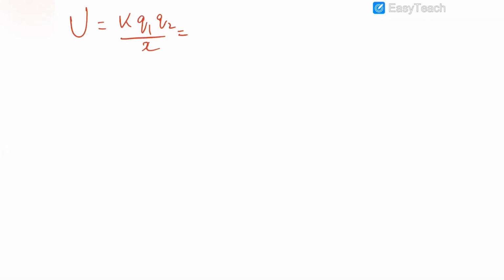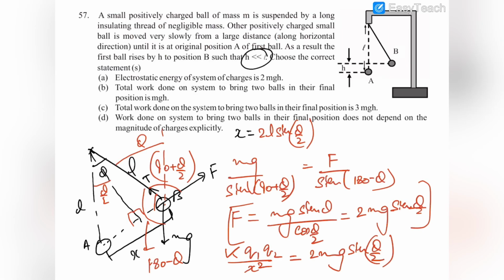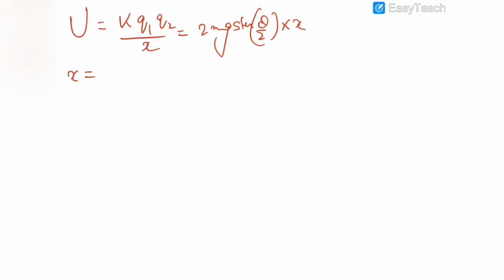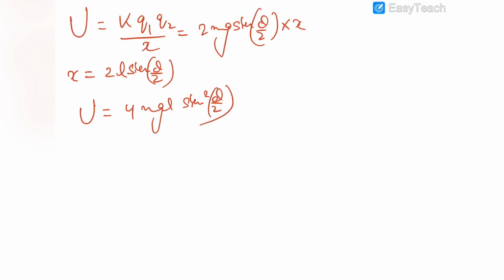Now x we already know is equal to 2L sin theta by 2. So let us substitute the value of x, and therefore it would be 4 mgl sin square theta by 2.